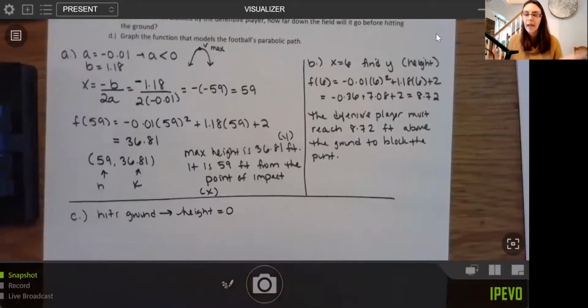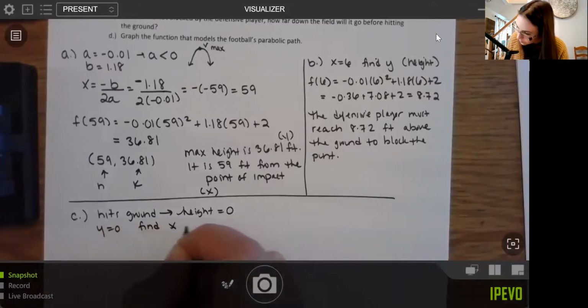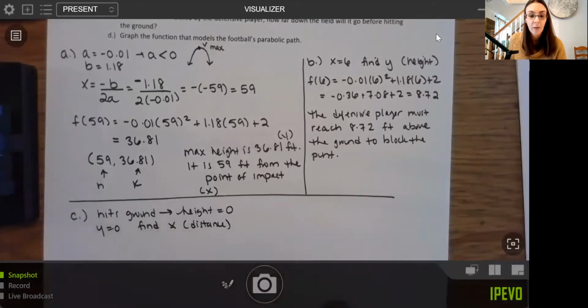Usually ground level is height 0. Again, there are a few exceptions here or there, but usually that means height of 0. So what we're trying to find here is what's the X value when the Y value is 0. And that X value is that distance it's going to go down the field.